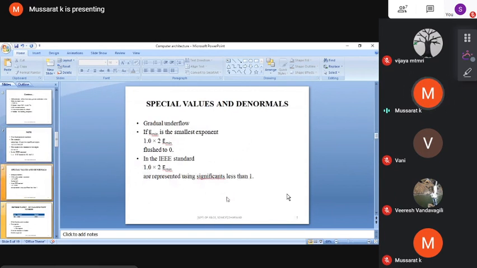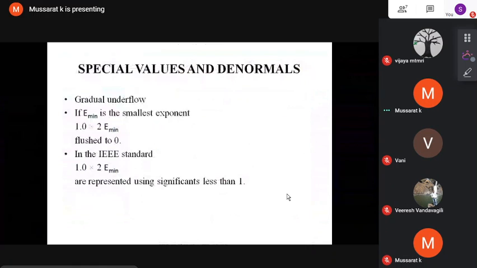Special values and denormals. Special values in the standard include denormal numbers. In many floating point systems, if e minimum is the smallest exponent, a number less than 1.0 times 2 to the e minimum cannot be represented, and a floating point operation that results in a number less than this is simply flushed to zero.